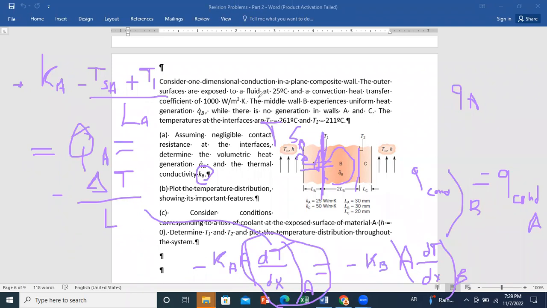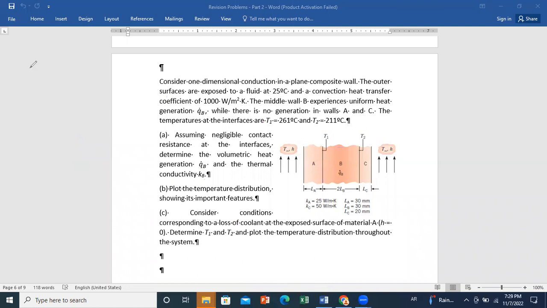So let me write it again in a clear way. So you have Ka times T1 minus T surface A over LA is equal to Q dot A.